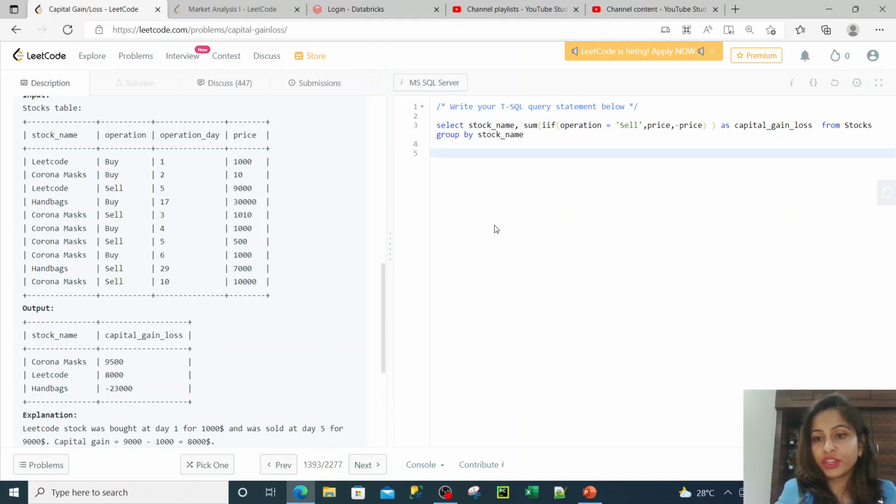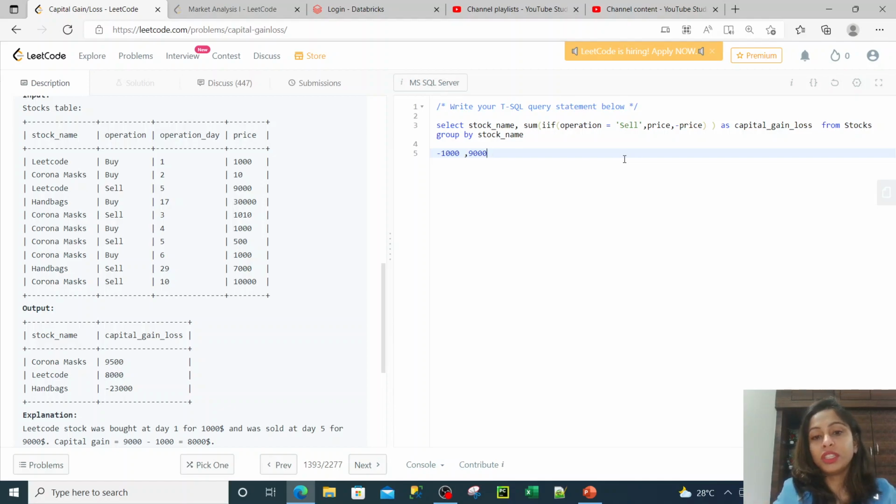So now what will essentially happen is, for example, let's say the very first stock name is Leetcode. For Leetcode, the operation is buy, so my price value will be minus 1,000. Then the second time, the operation will be sell, and in that case my price will become 9,000.